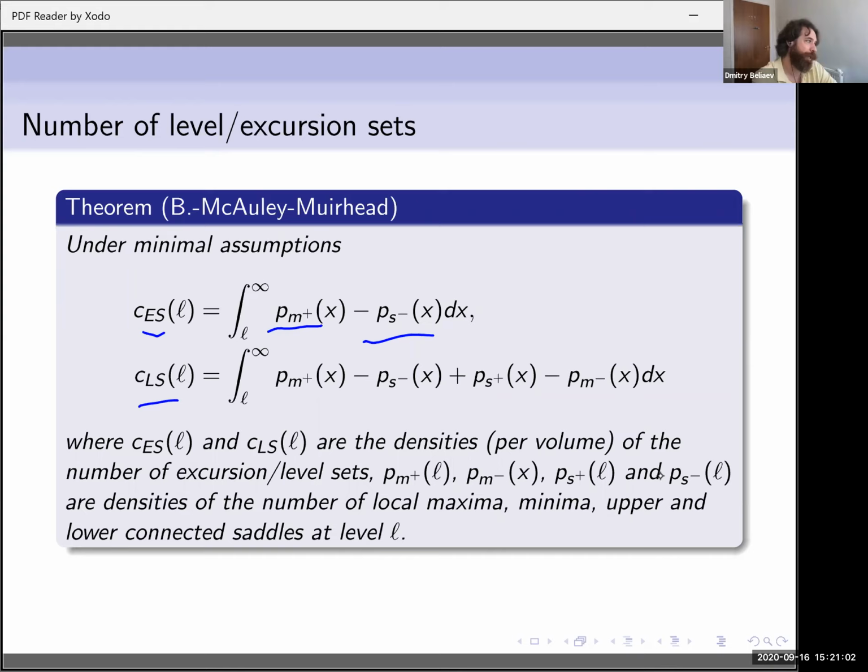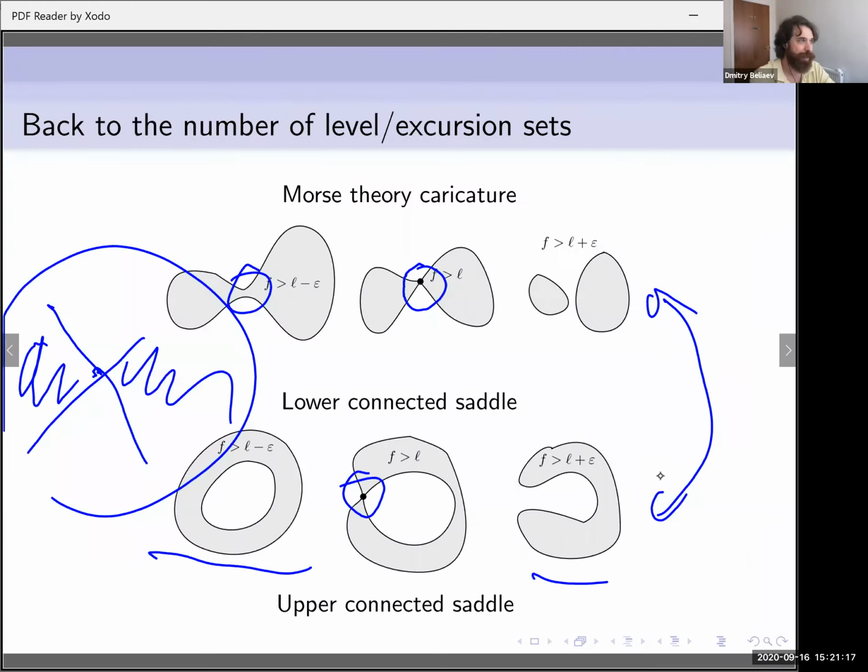The problem is that not only do you have more types of critical points, we also have to split saddles into upper and lower connected saddles. And when you move to higher dimensions, more complicated things could happen.